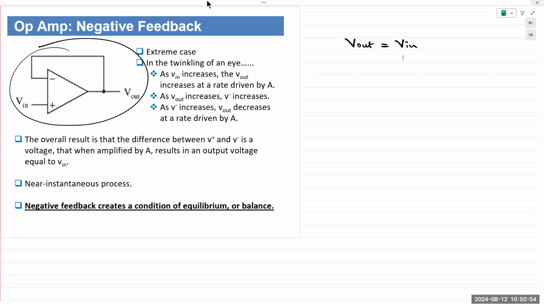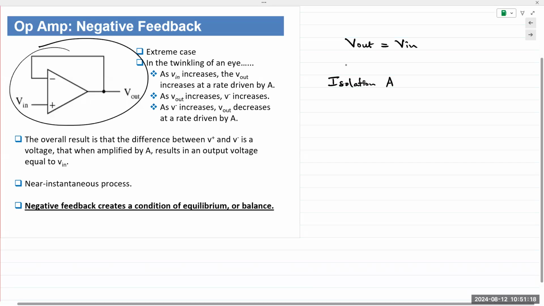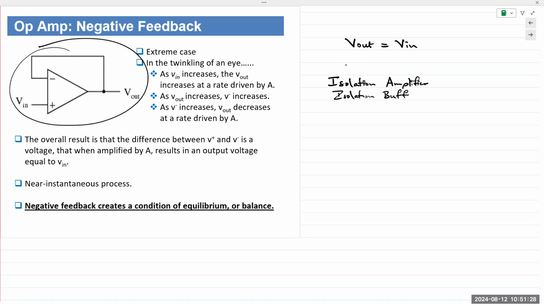And so what it'll do is it'll take the small input signal that's coming in from circuit number 1 and pass it on to circuit number 2 without any loading effect. So it isolates 2 circuits from each other, hence the other terms, isolation amplifier or isolation buffer.